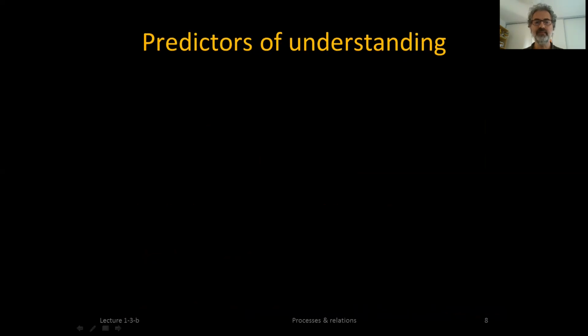What are the predictors of understanding? Well, when we say predictors, what we mean is what other things that we can measure are associated with someone's reading comprehension ability. And they can be concurrent or longitudinal. A concurrent predictor is something else we can measure at the same time that we measure understanding, so on the same day or in the same session, that is related to their understanding.